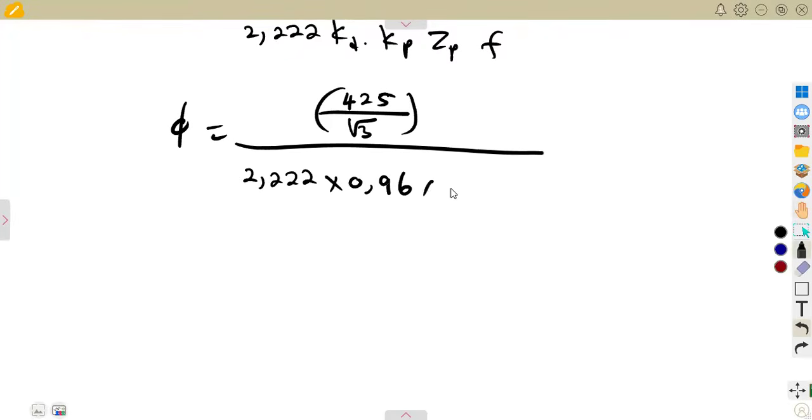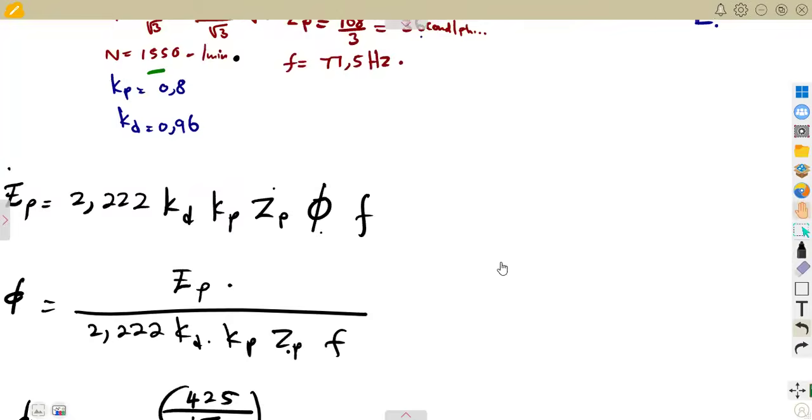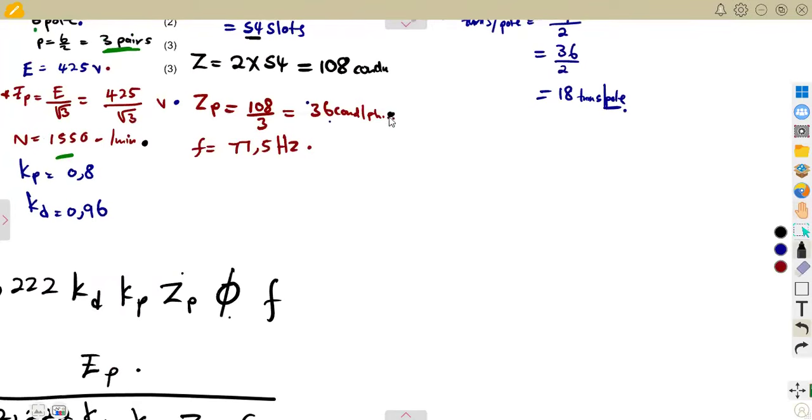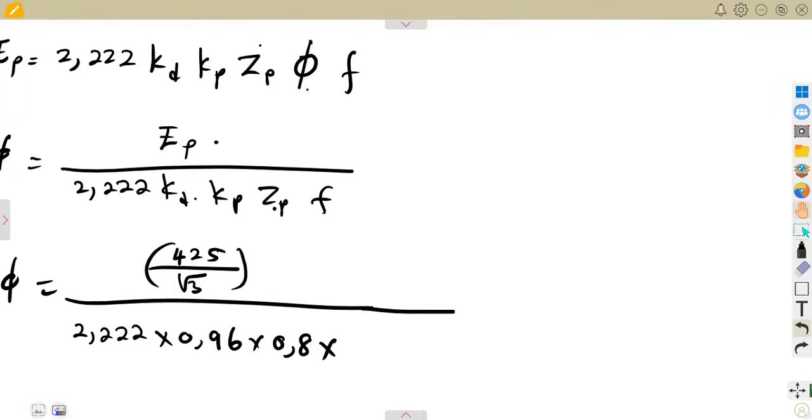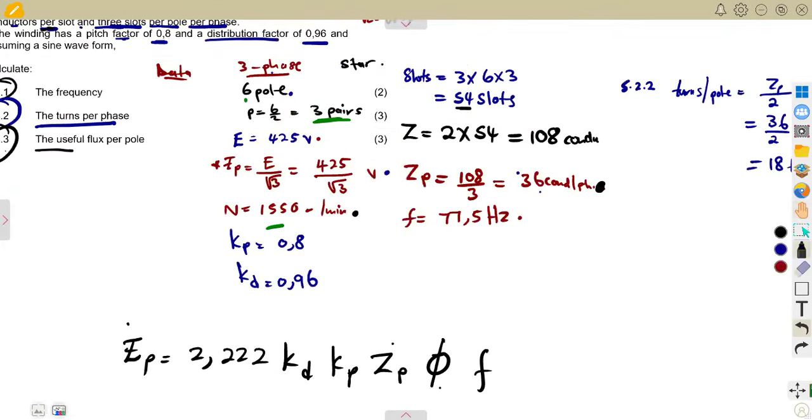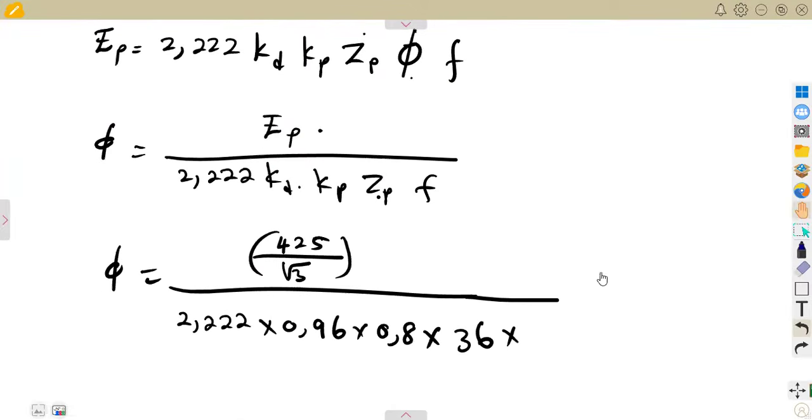So that's 0,96 times 0,8. Then the Z taken on our phase, remember ZP, we calculated this and got 36. That is 36 conductors in the phase, times the frequency, which we also calculated from that part, and we got 77,5. So we're going to use the value that you calculated.